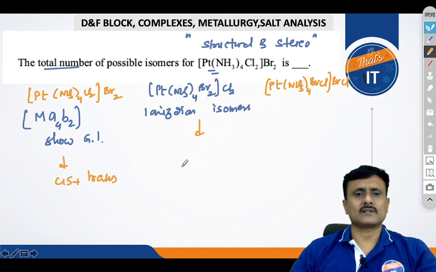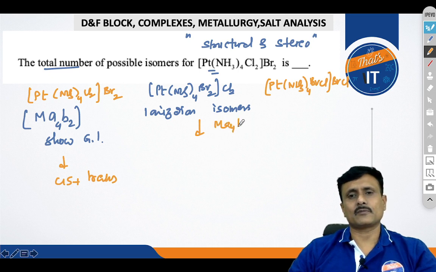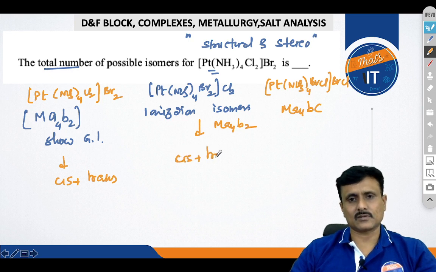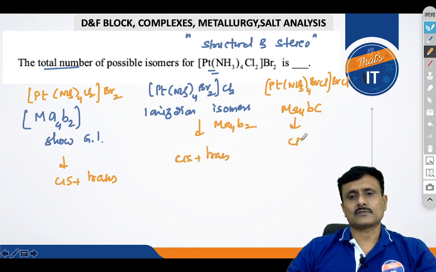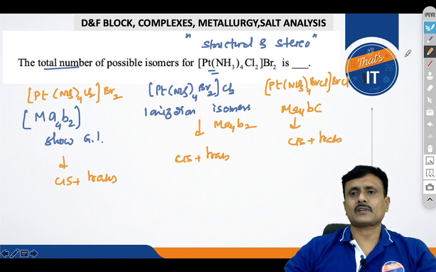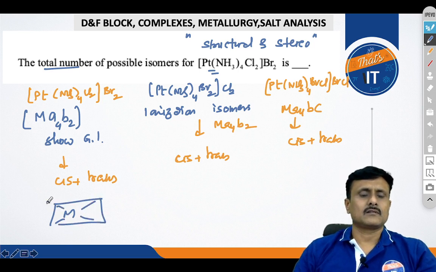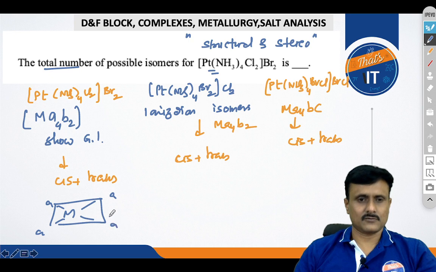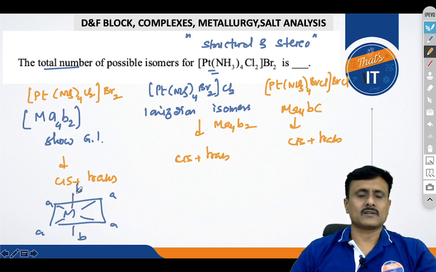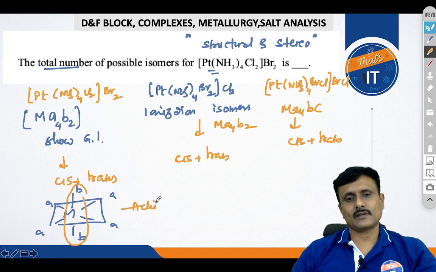This is also MA4BC, so this also shows cis plus trans isomerism. When you write any isomer randomly, you can see there is A4B2, there is a plane of symmetry over here. So this tends to be achiral.